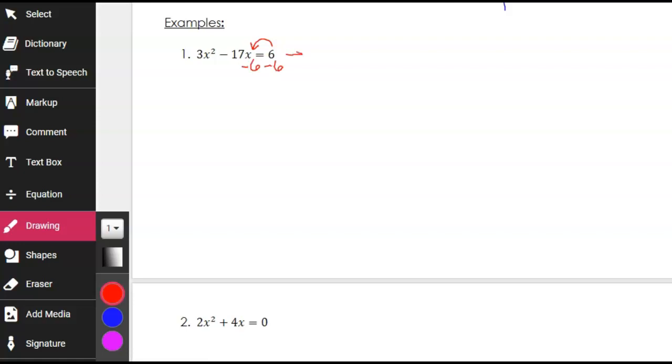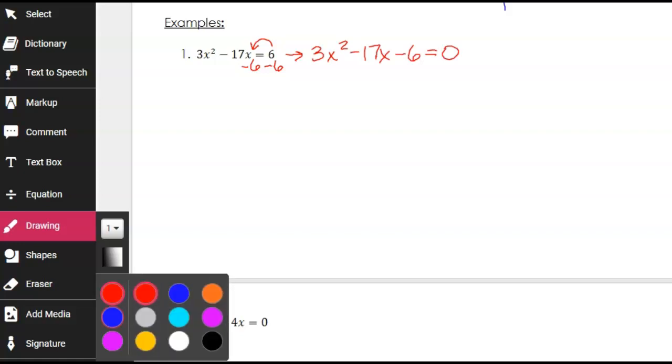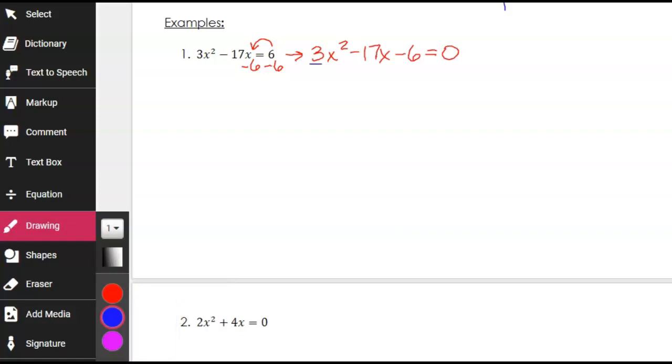So this changes to 3x squared minus 17x minus 6, and that equals 0 now. So this is in standard form. I have A, B, C, and then I have my entire standard form equaling 0. So this is looking good.